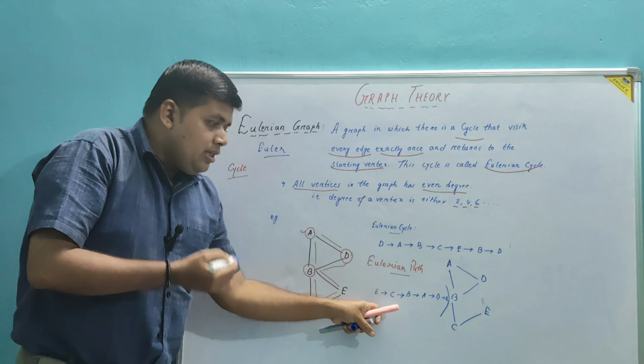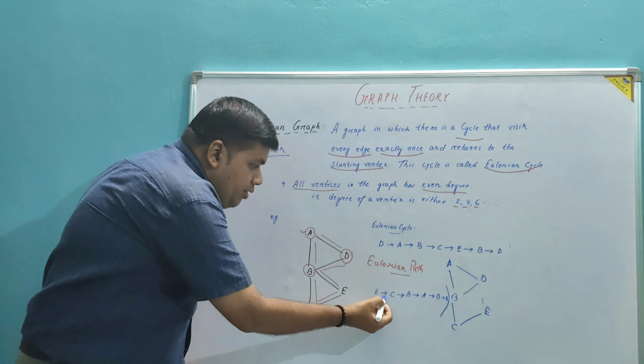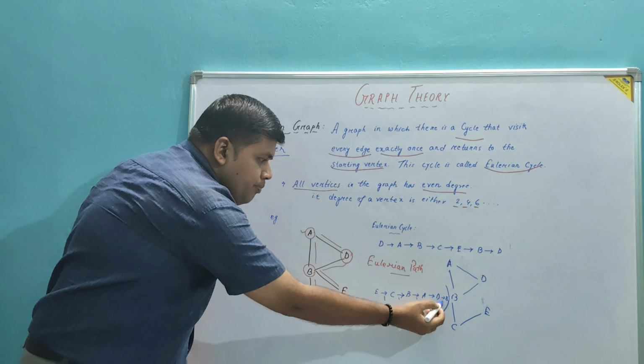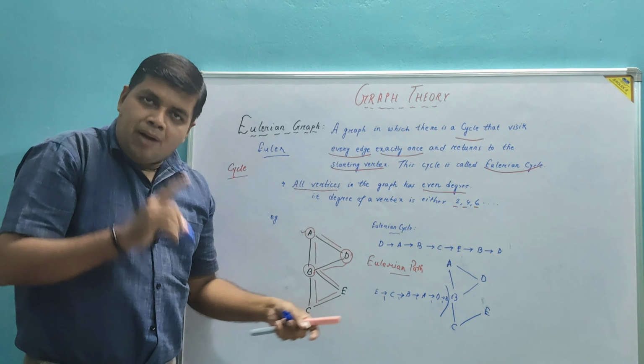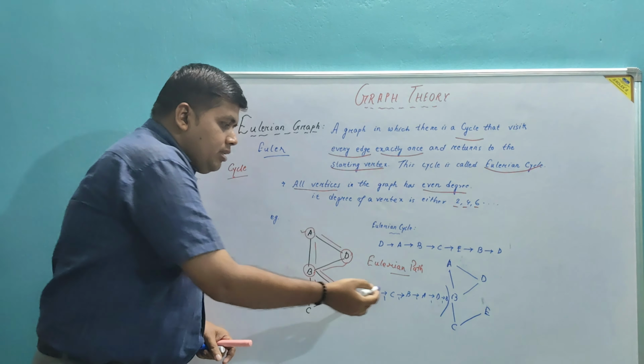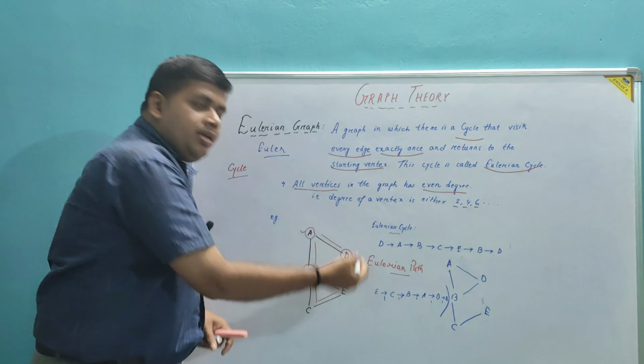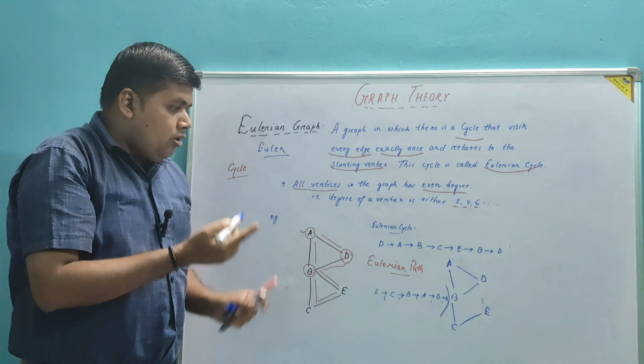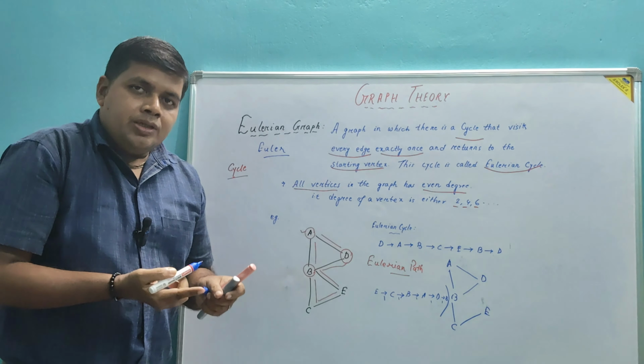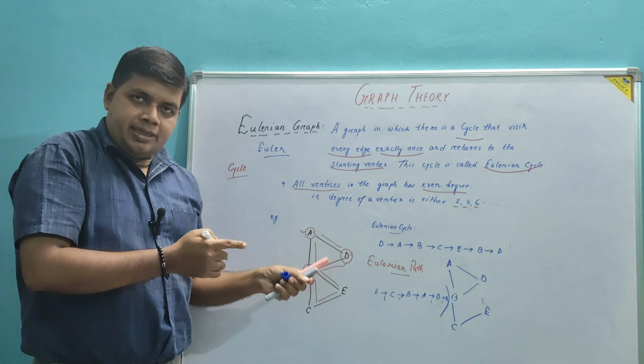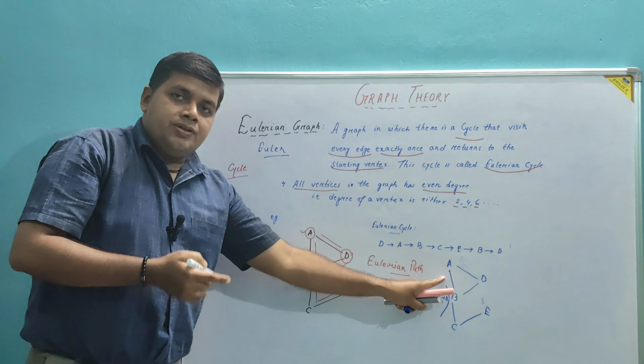That means this is an Eulerian path. Since every edge is considered, it is an Eulerian path, but it doesn't return back to the starting vertex. Therefore, it is not a Eulerian cycle. So since it is not a Eulerian cycle, this graph is not a Eulerian graph.